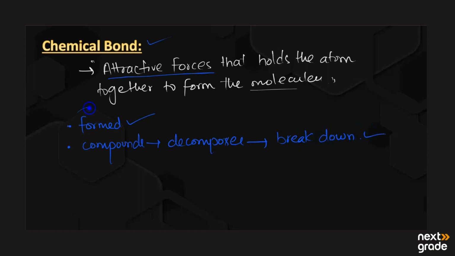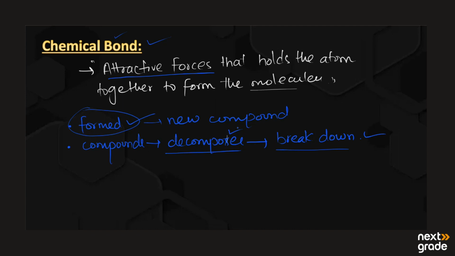So the formation of chemical bonds is done when there is a formation of new compounds, and these chemical bonds may break down when the compounds decompose. So we have basically two ways.